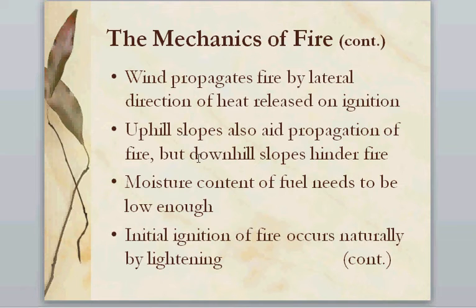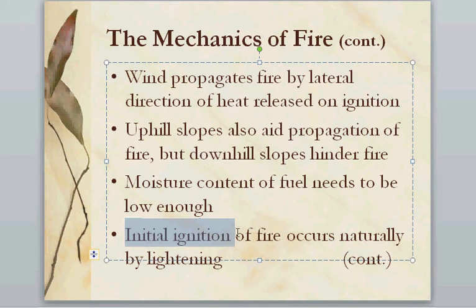Okay? The moisture content of the fuel needs to be low enough, as I said before. If the fuel is too moist, then combustible gases are not evolved from the fuel, but water is. And there needs to be some sort of initial ignition of those combustible gases. In the past, in natural ecosystems, this initial ignition was quite often provided by lightning.